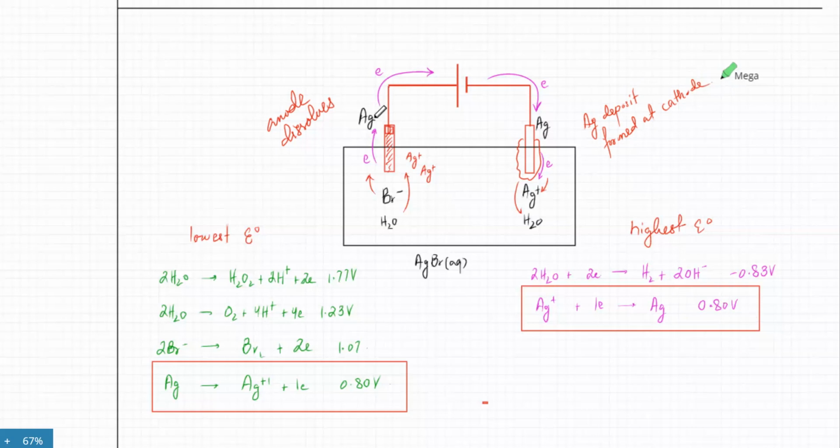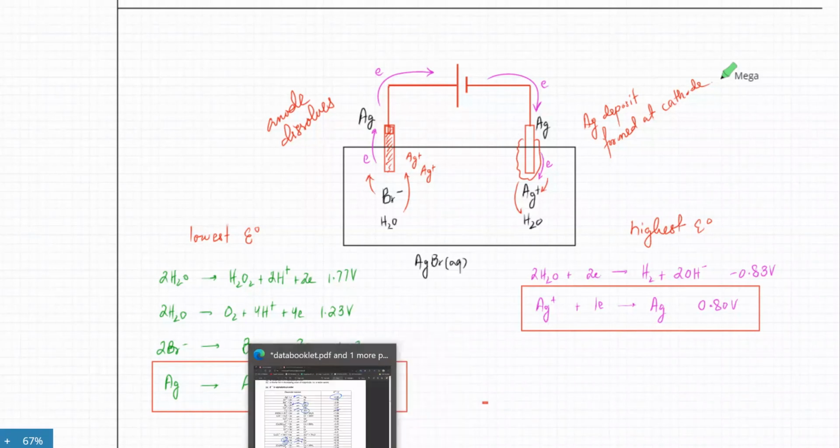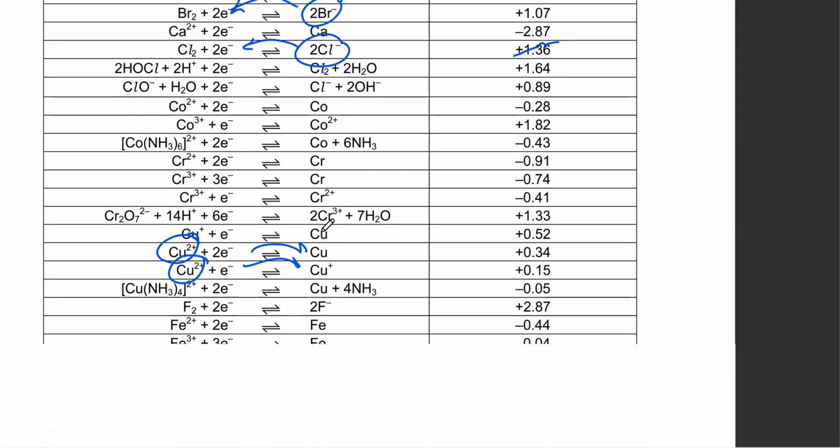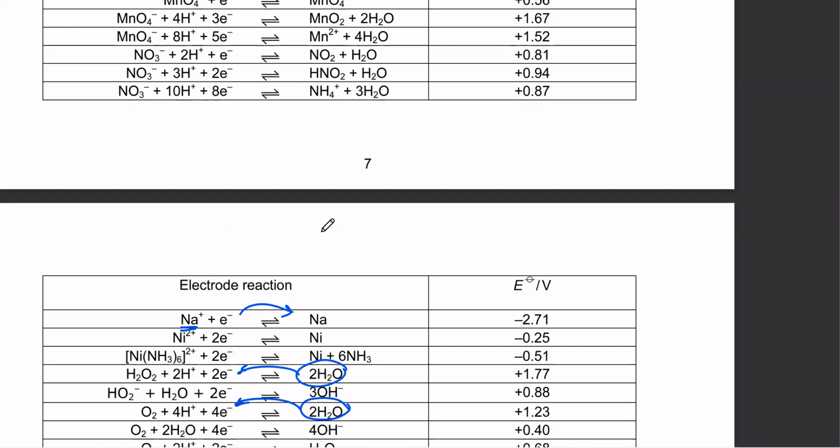Okay, so just remember this every time you have to do this. Now, the only thing I've added over here is that if you have a metal as an electrode, you've got two types of electrodes. Like in O levels, you had inert electrodes. Inert electrodes are platinum or carbon or graphite. For example, if you look at the data booklet, you won't find any equation for platinum, because platinum doesn't like to do anything. It doesn't like to gain electrons, doesn't like to lose electrons.